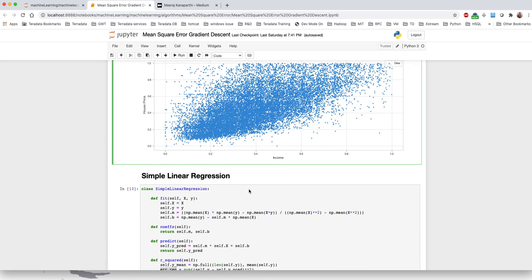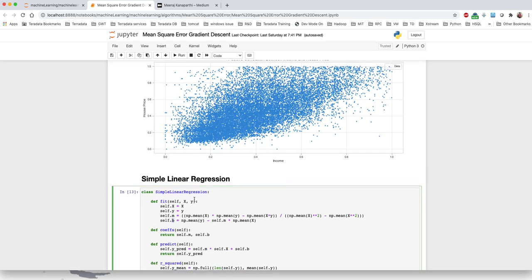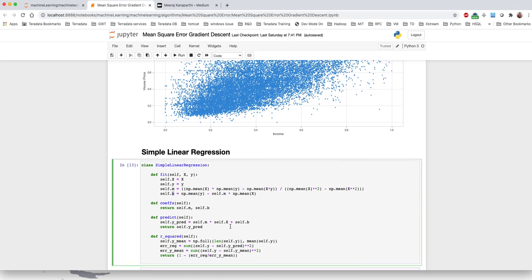Now we can have a simple linear regression. We can use the closed form formula. Here we can calculate the x mean with the xy mean, and then divide by the mean of squares, so that we get the slope and bias while calculating for all data points.